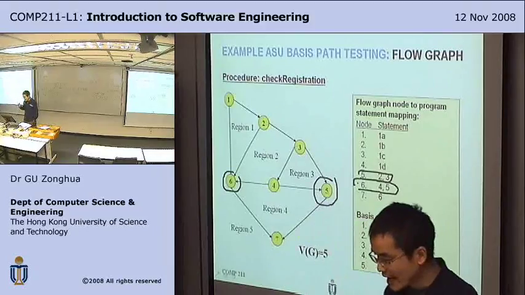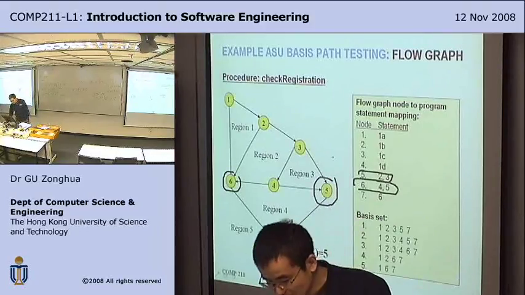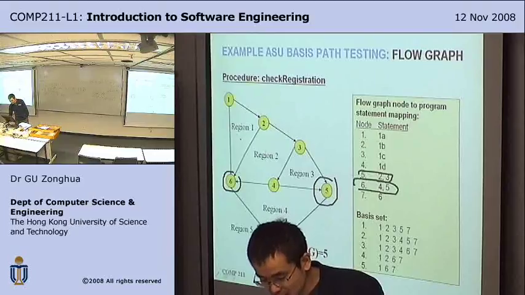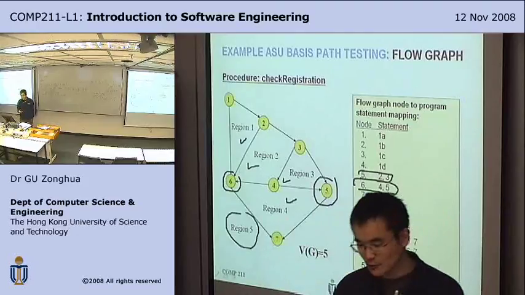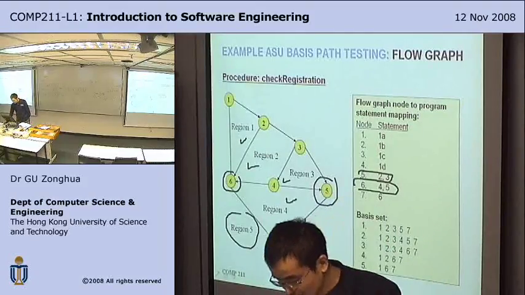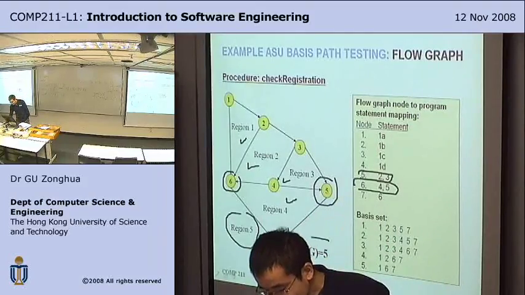So how many regions do you have? You have 5 regions: 1, 2, 3, 4, and 5. Don't forget region 5 is the one outside. There's always the one outside the whole graph. So the cyclomatic complexity is 5.